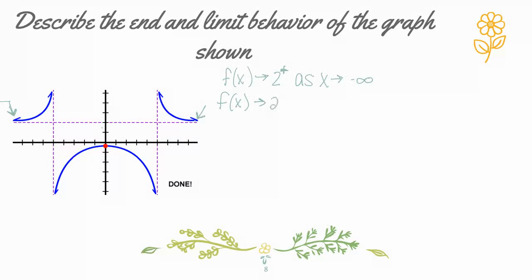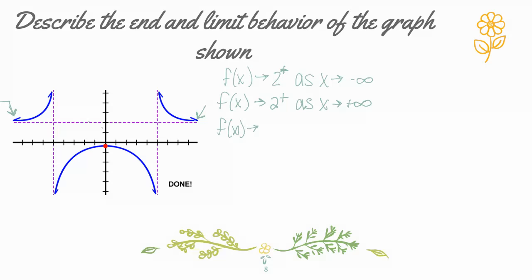X is approaching 2 from the top, or f of x, I'm sorry, as x is approaching positive infinity. That's my end behavior. Now I want to work through and talk about my limit behavior. So what's happening to the graph as we're approaching these asymptotes?